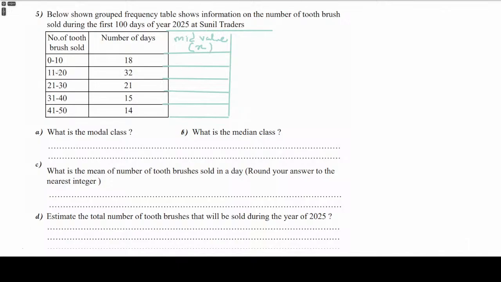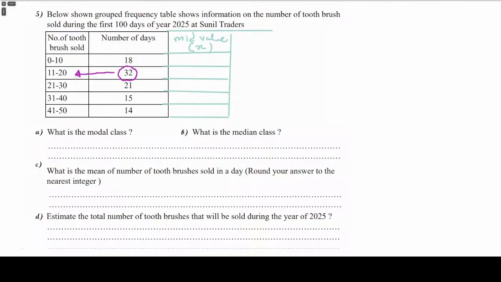For example, we have been told there are 32 days in which the number of toothbrushes sold is 11 to 20. But can we say the exact number of toothbrushes that were sold in these 32 days?